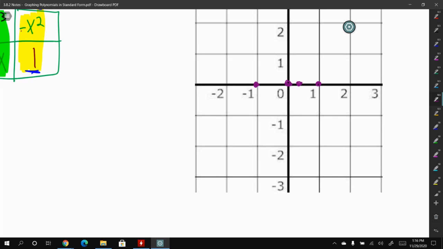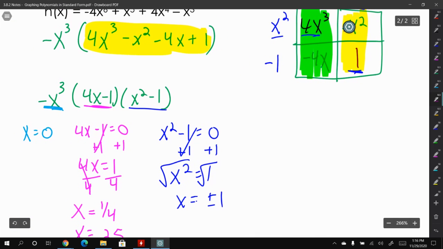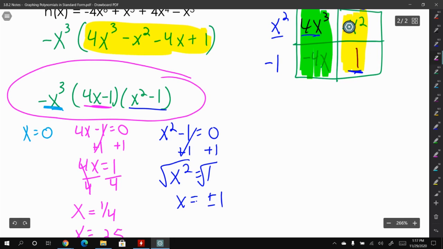Okay. Our leading coefficient was negative, which means the right side will go down, and our degree, you can either go back here, I mean, in factored form, this is not completely factored form. So you can't just add up 3, 1, and 1, because here in this last factor, we have an x squared in it.